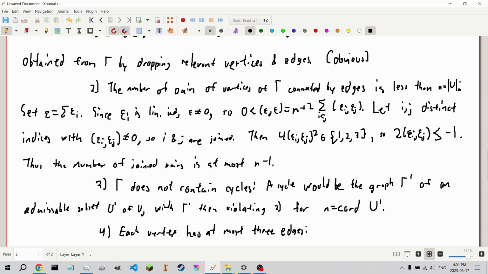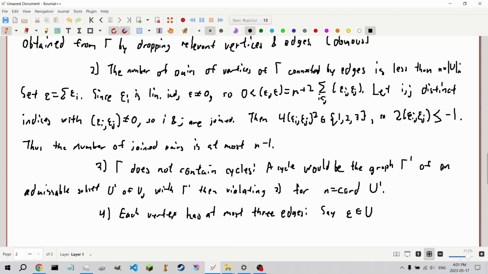How do we know this? Say epsilon is an element of our U with etas, eta_i from 1 to k.